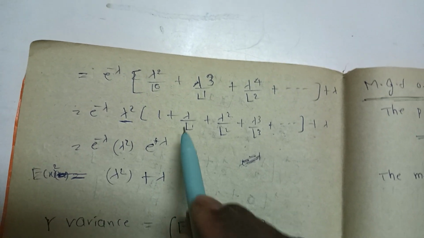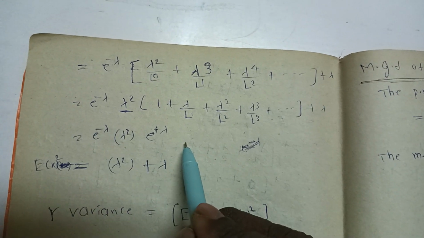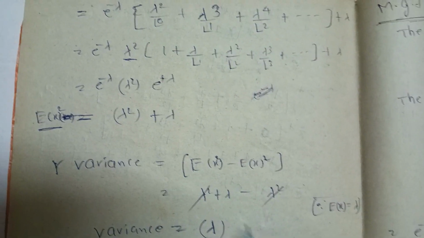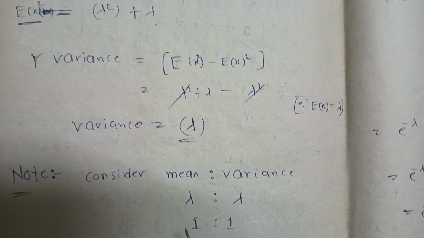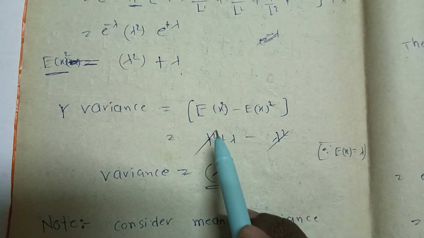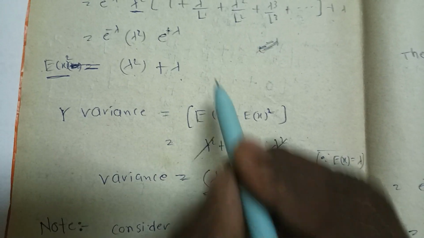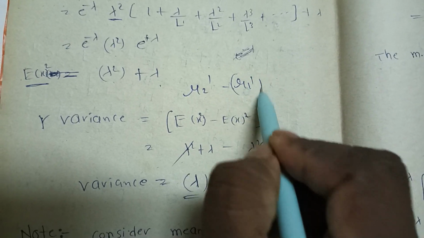So here you can write the E of x minus 1 value as lambda square, and the value of E of x square is equal to lambda square plus lambda. The variance for this Poisson distribution is E of x square minus E of x whole square, or else we can write mu 2 dash minus mu 1 dash whole square.